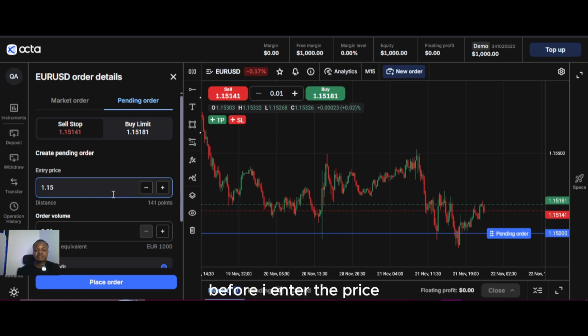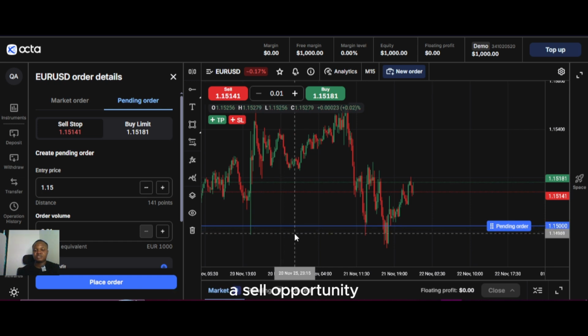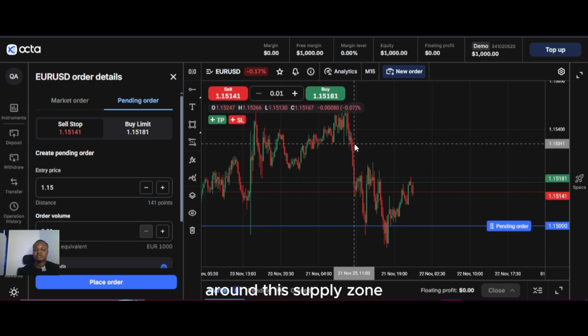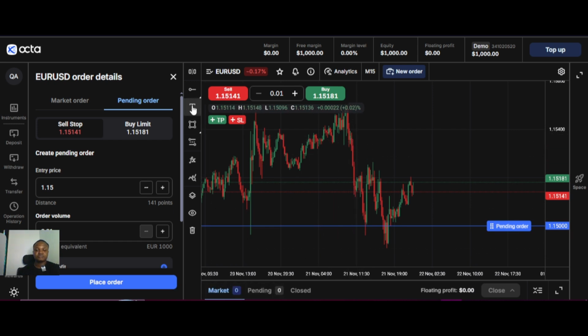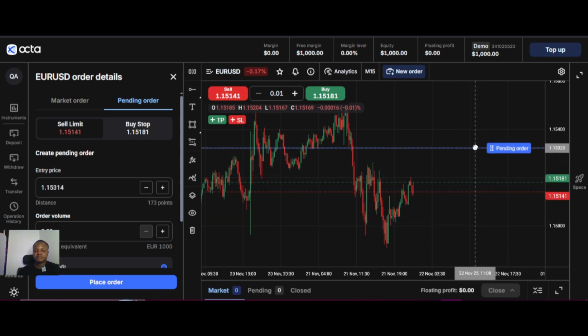Before I enter the price, let me quickly look at the chart and look for a sell opportunity. All right, I would prefer to enter around this area, around this supply zone. Let me push this pending order here.